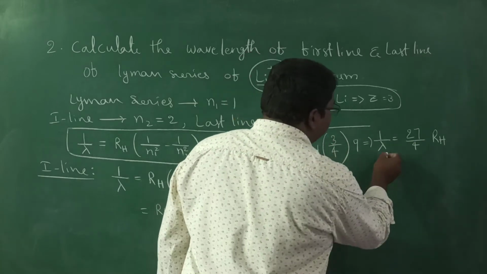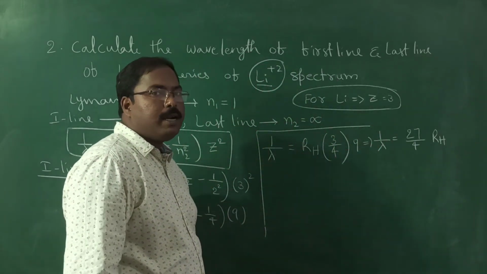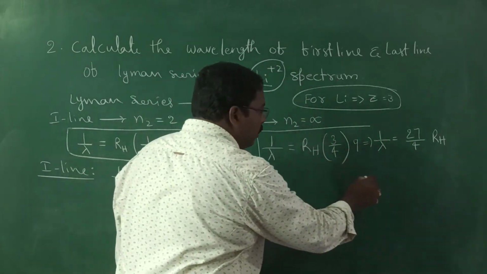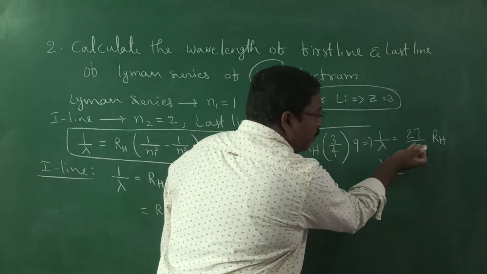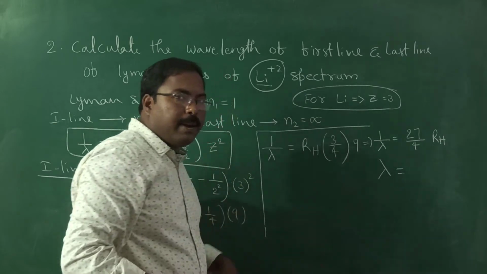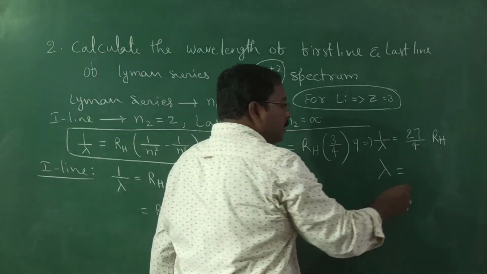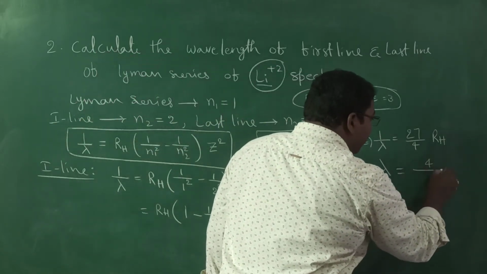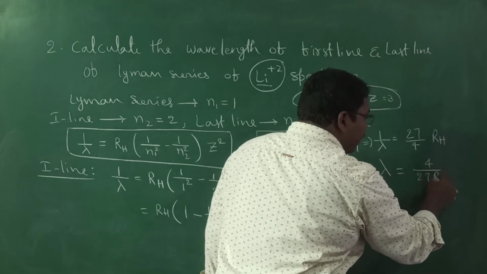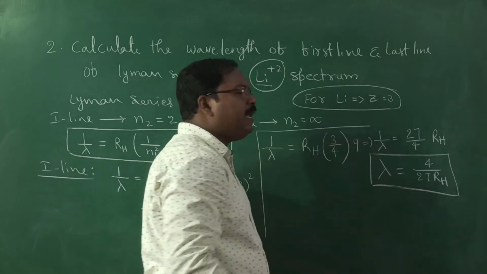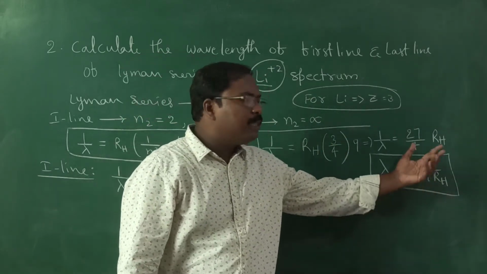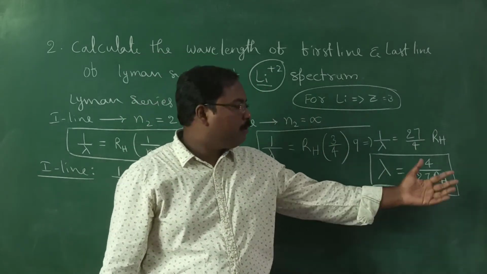But they are not asking for the 1 by lambda value. They are asking for the wavelength. So I can write the lambda value as, now 1 by lambda is this much, so lambda becomes the reverse, 4 by 27 RH. In many cases they give the options with RH itself, so keep it like that.